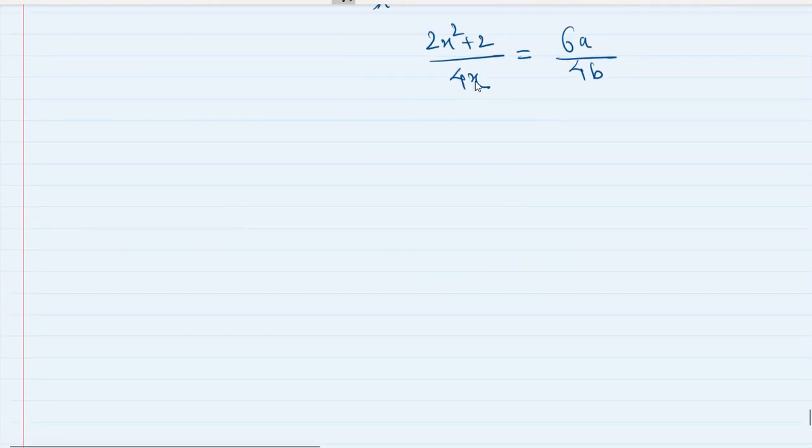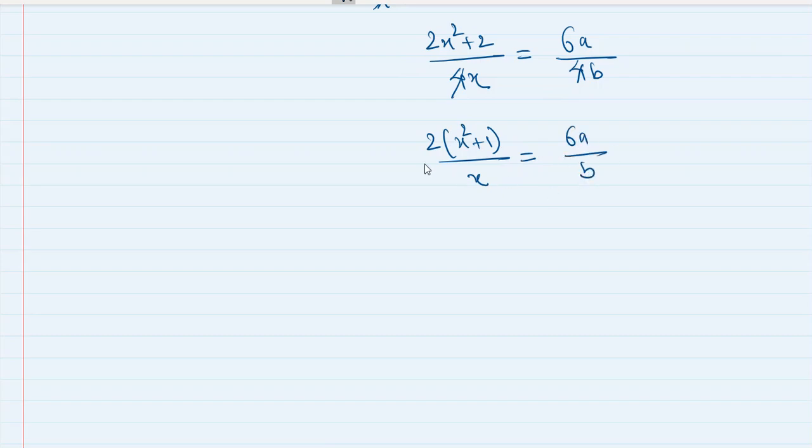Now see, cut this 4 on both the sides and take out 2 common over here. So it'll become x square plus 1 by x is equal to 6a by b. Now take 2 on the other side. So x square plus 1 by x is equal to 6a by 2b. This 2 will get cut with this 6. You will get 3.